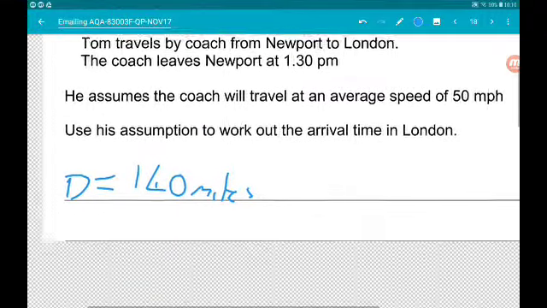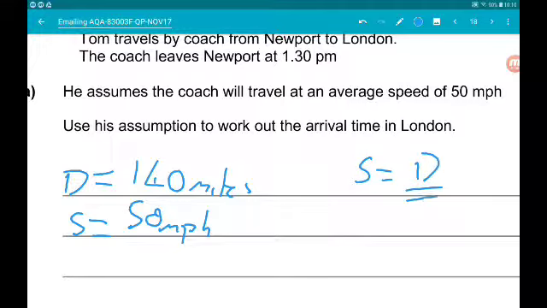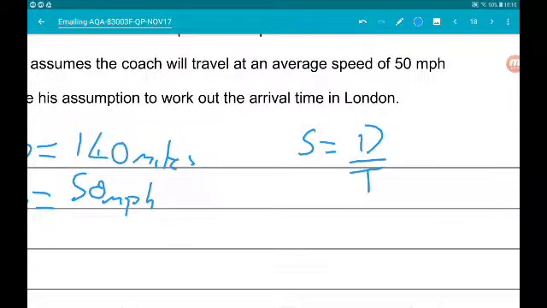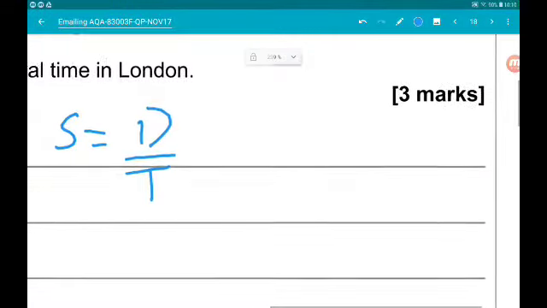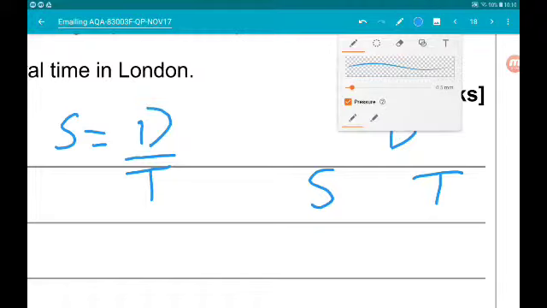Okay, so we know distance, we know speed is 50 miles per hour. Now, speed is distance over time. What we need to work out here is time. So you might have seen the old formula triangles before, maybe. So we want to work out time.